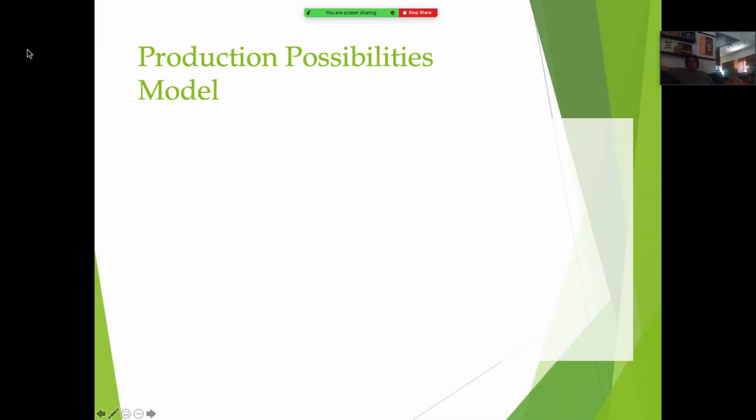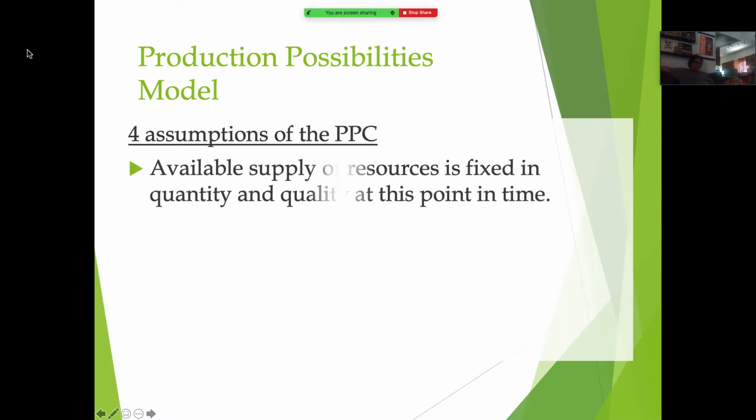Now, let's look at how this stuff is represented on a graph, okay? So when we draw it, it's called the production possibilities curve. Sometimes you'll see it referred to as a production possibilities frontier, right? It's all the same thing, but we make 4 assumptions when we look at a production possibility curve.